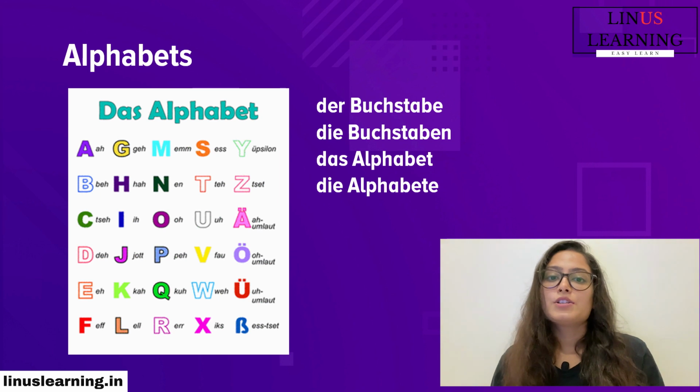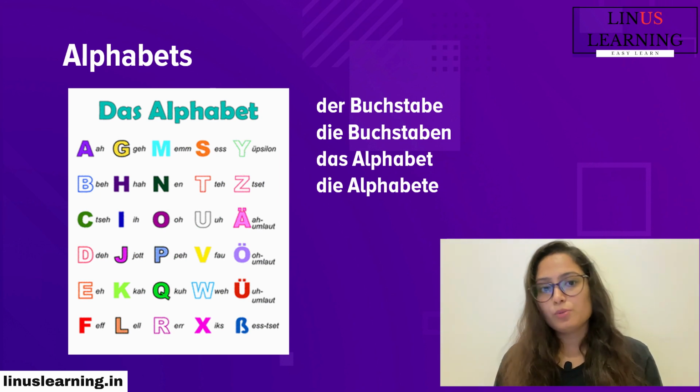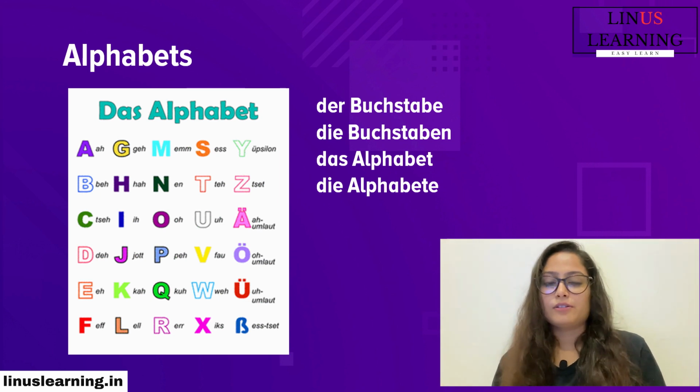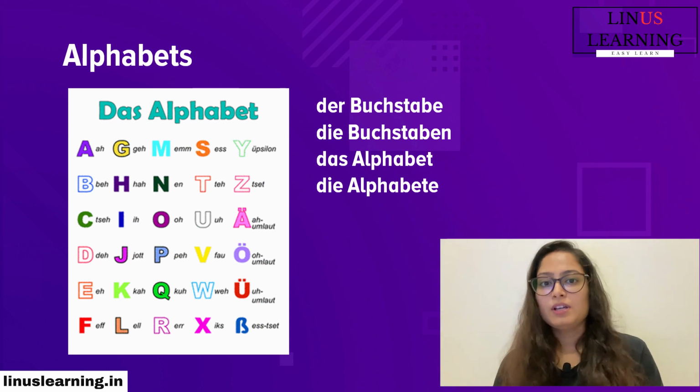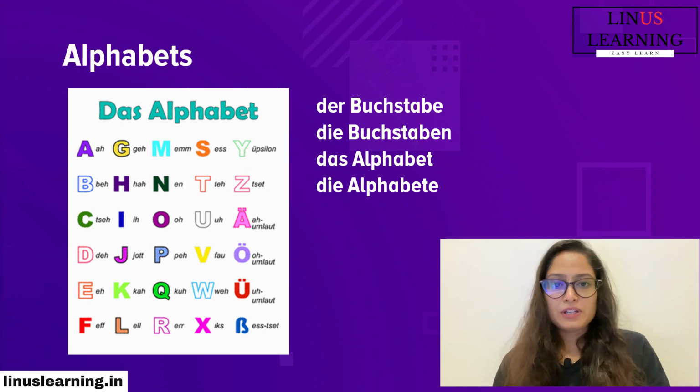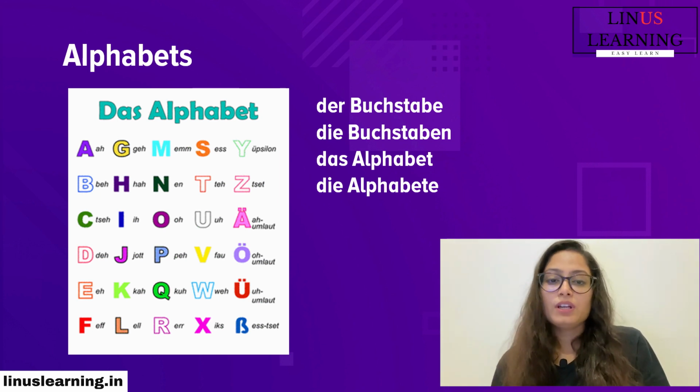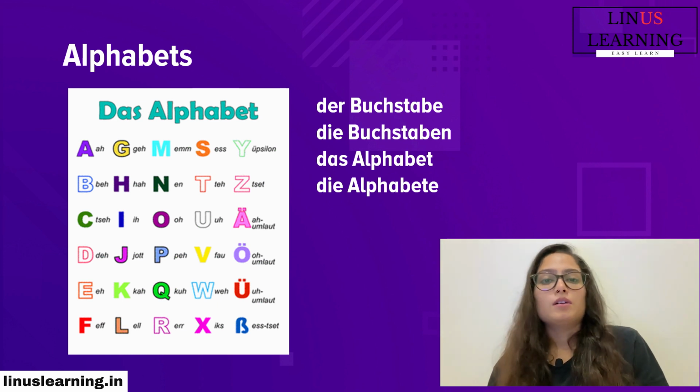Okay, so if you remember in the previous class I told you in German each and every noun has an article to it, right? I'll revise it with you. We have 3 articles: the masculine, the feminine, and the neutrum. In German we call it masculine, feminine und neutrum. Und means and. Then I also told you that most of the nouns have a plural also.